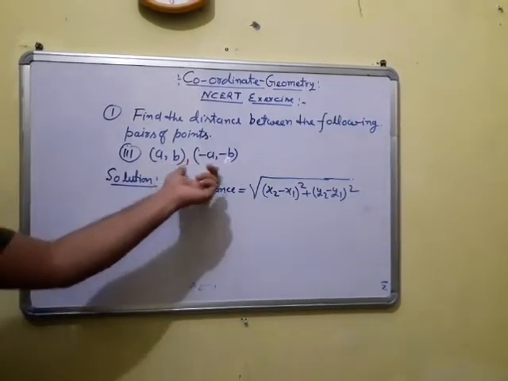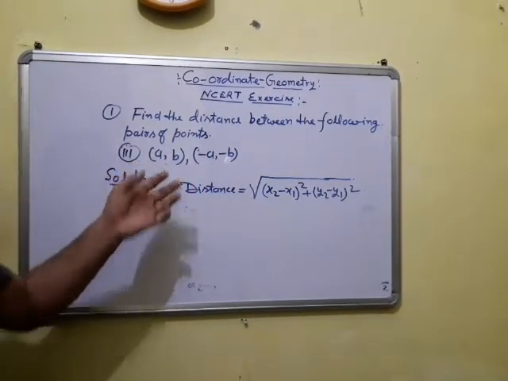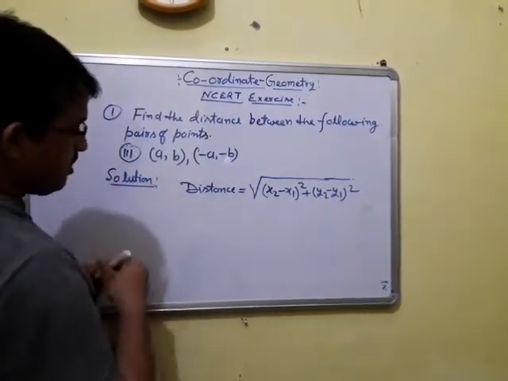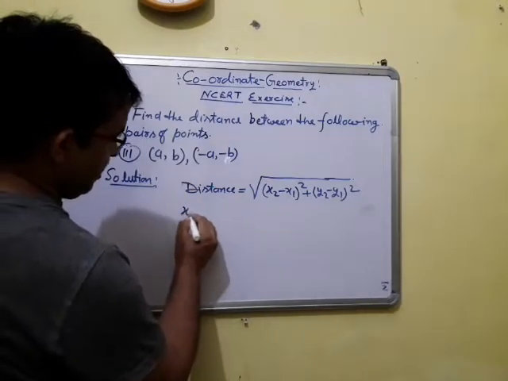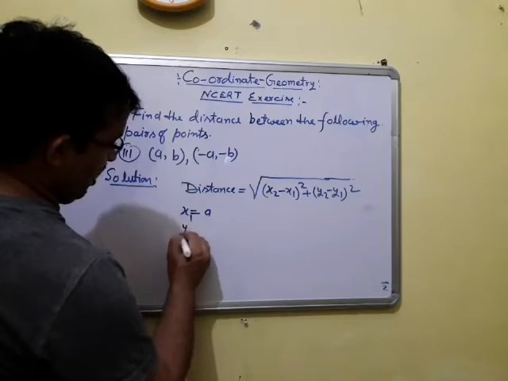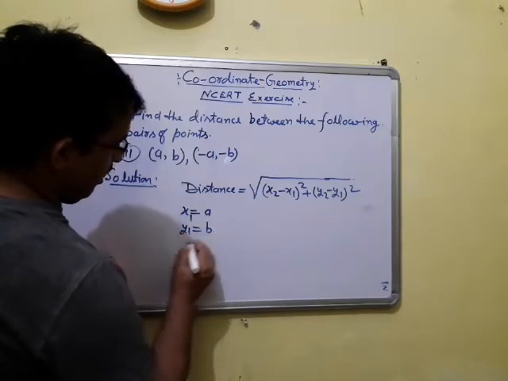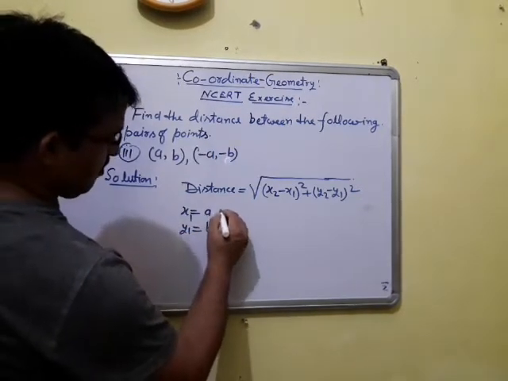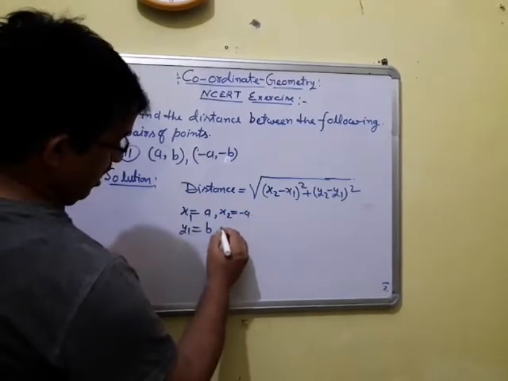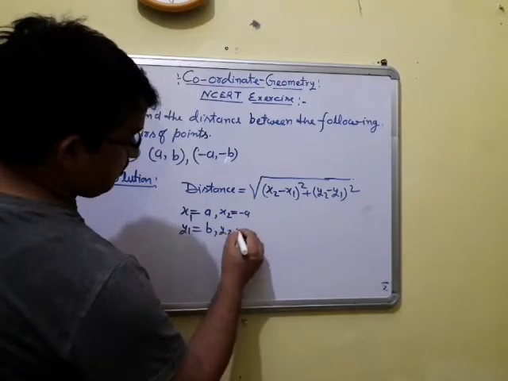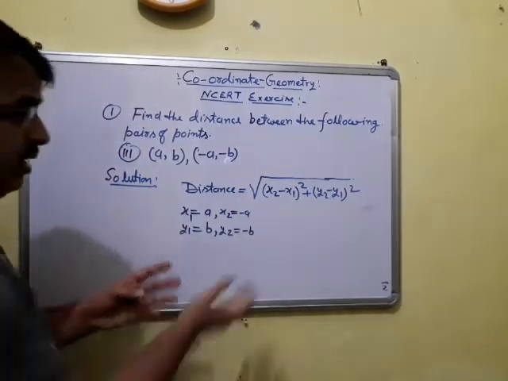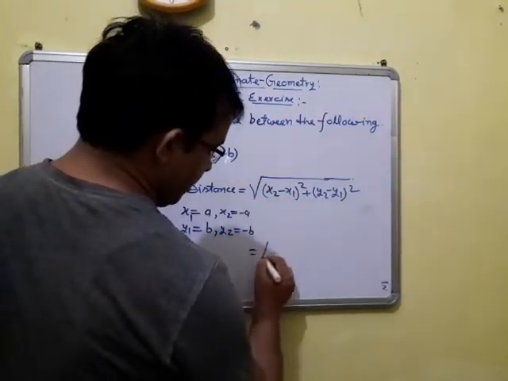Find the distance between these two points. So x1 is equal to a and y1 is equal to b. Clear? x2 is minus a and y2 is minus b. Clear?